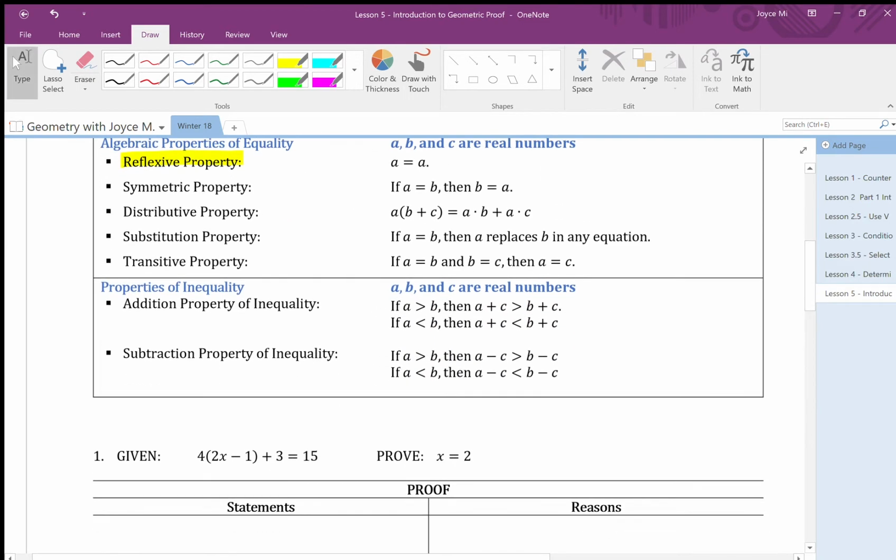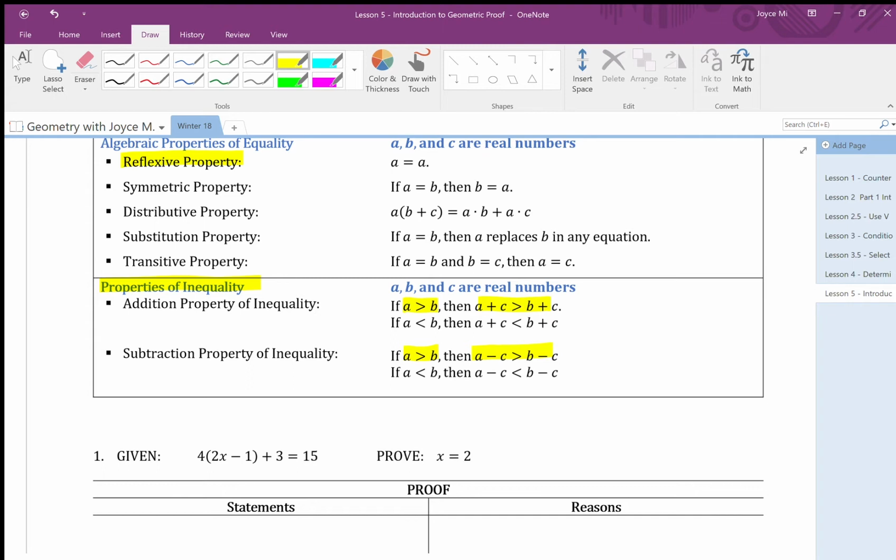Next are the properties for inequalities. I can add a number to both sides of my inequality and the inequality sign still holds true. I can also subtract a number from both sides of the inequality, and it still holds true. Notice that we do not have a multiplication and division property of inequality.